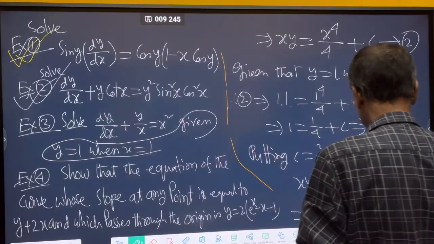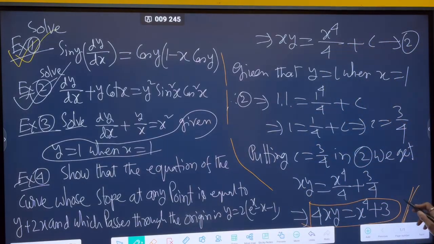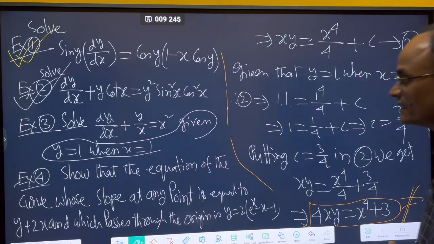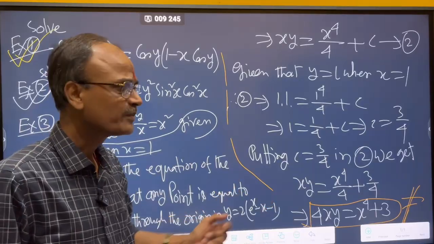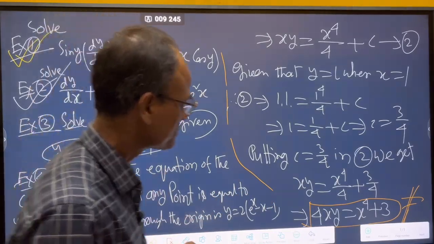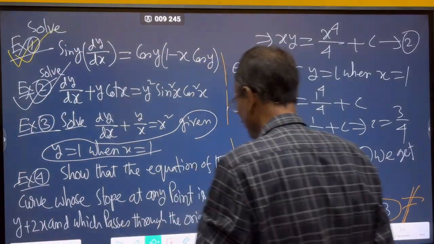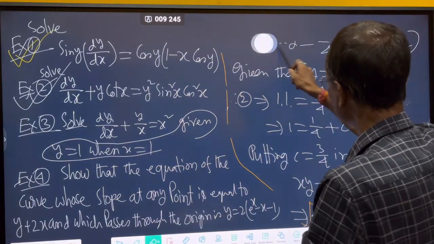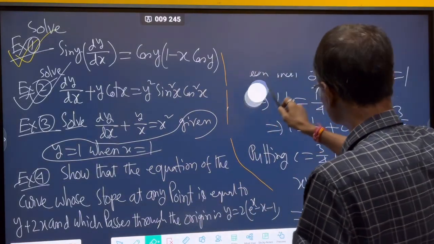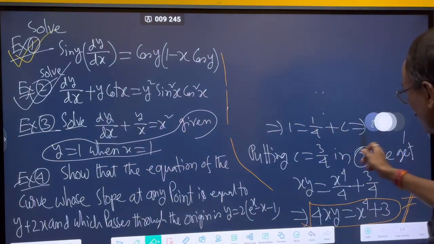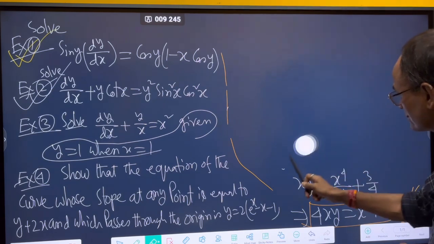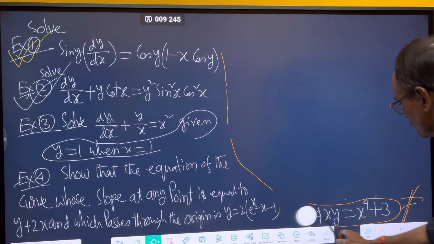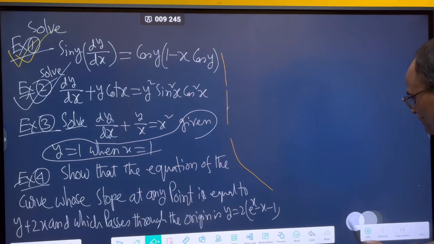This is the answer. We have solved it. It is very simple. Let us try to solve the equation number 4.